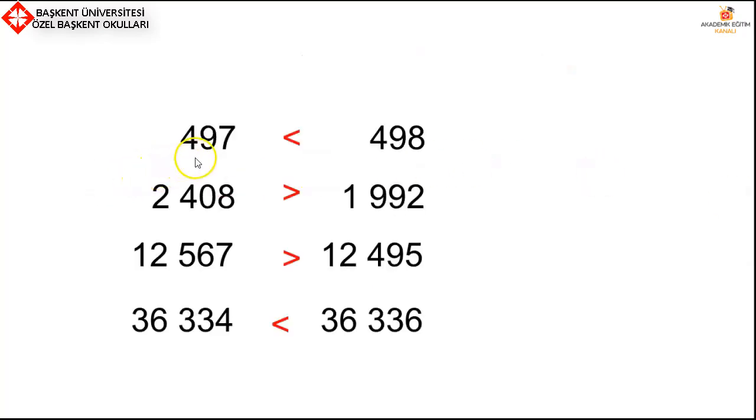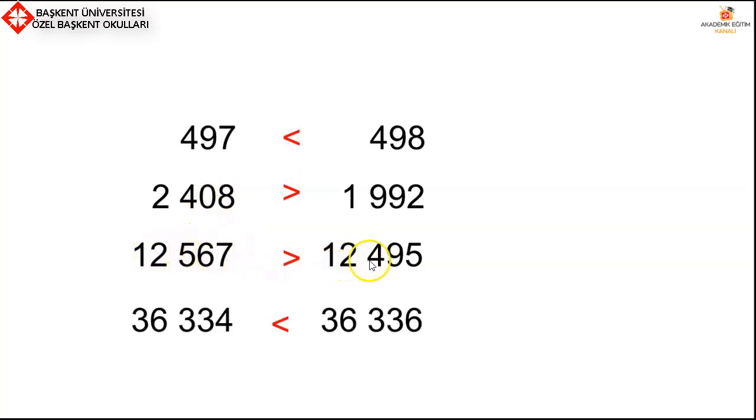For example, 497 and 498. This is the bigger number, so the bigger part of the symbol faces that number. 2408, 1992. This is your bigger number, so the bigger part of the symbol faces this number.